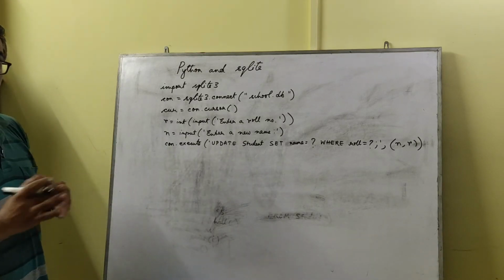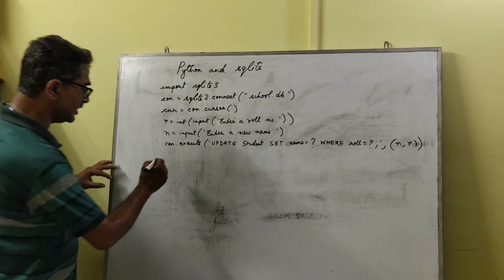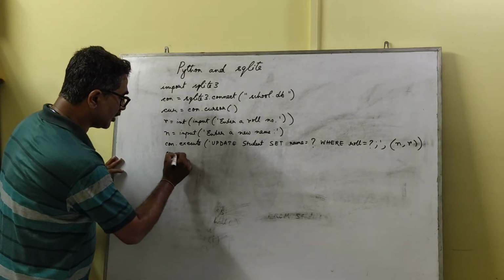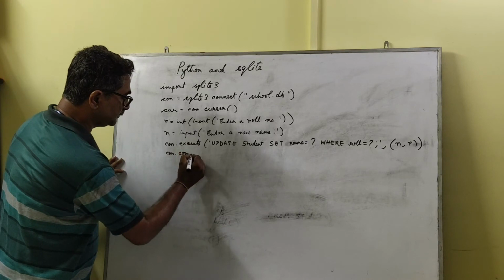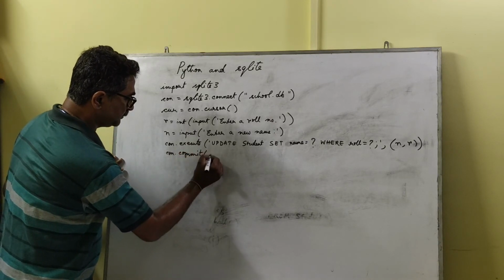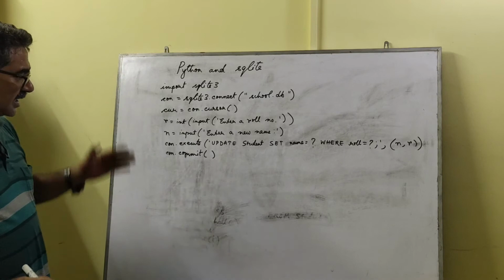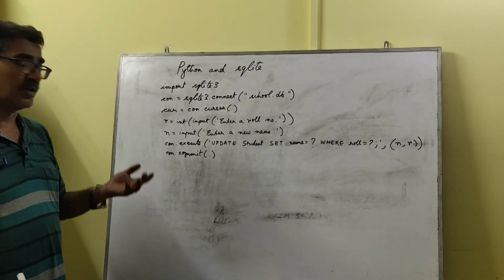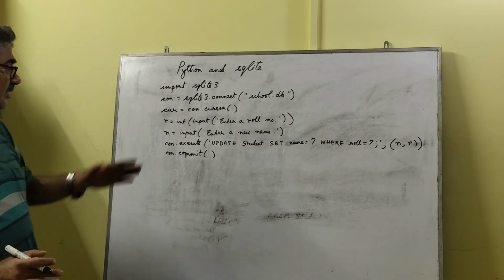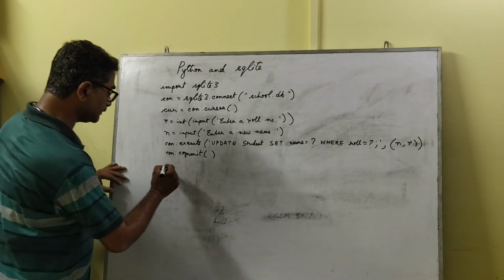That's it, that's done. Now we are going to commit the work to save the changes. So how do we do that? We write con dot commit. Once this is done, the changes are saved. Now, in case you want to see the content of the table, we can use the cursor variable.